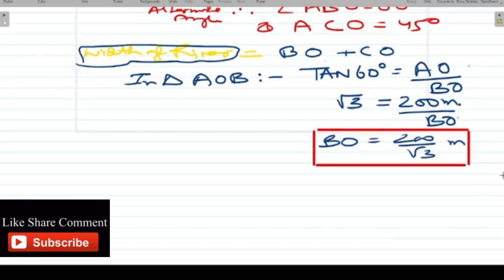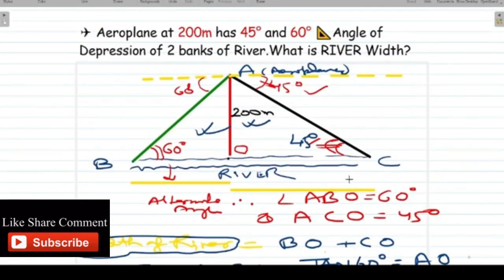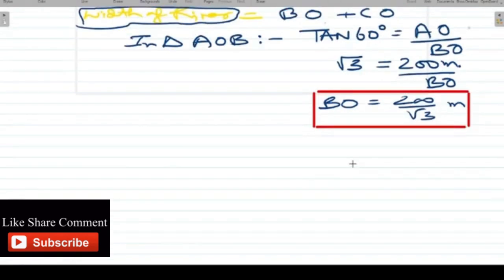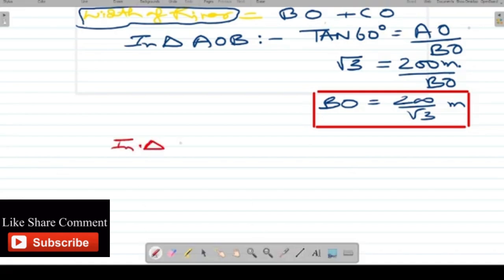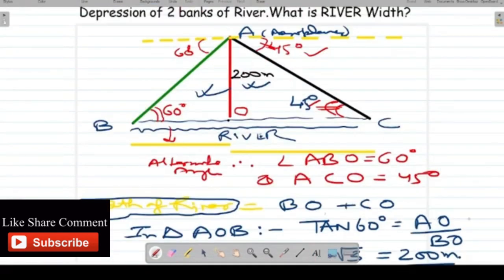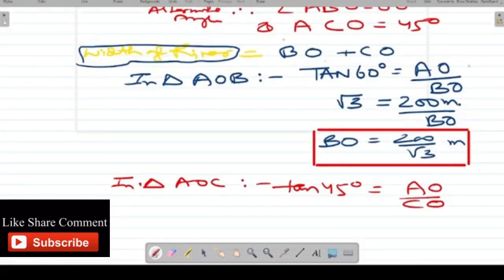Now similarly in triangle AOC, right angle at O, tan of 45 degree equals AO by CO. AO is equal to 200, and CO we need to identify.